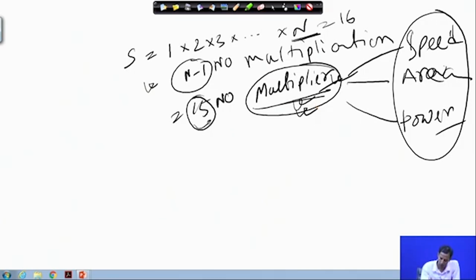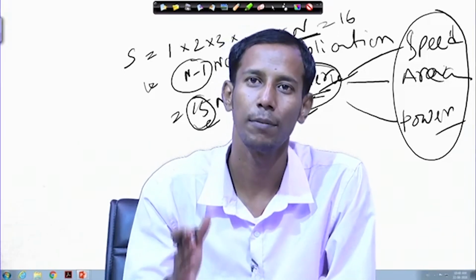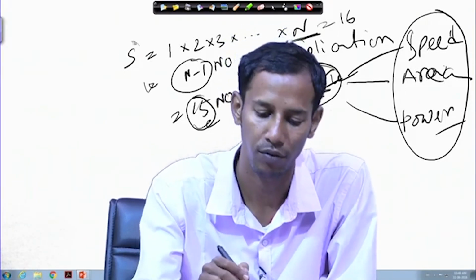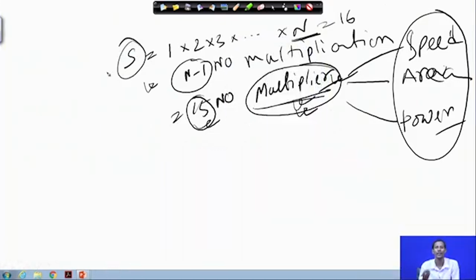The more multipliers we use, the more area and power we consume for that circuit. So we have to reduce the number of multipliers in a particular system or function implementation, so that I can get the benefit of area as well as power. How can I do that?